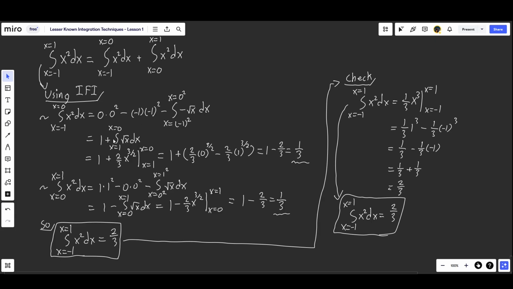Simplifying, this is just equal to 1 plus the definite integral of the square root of x with respect to x from x equals 1 to 0.